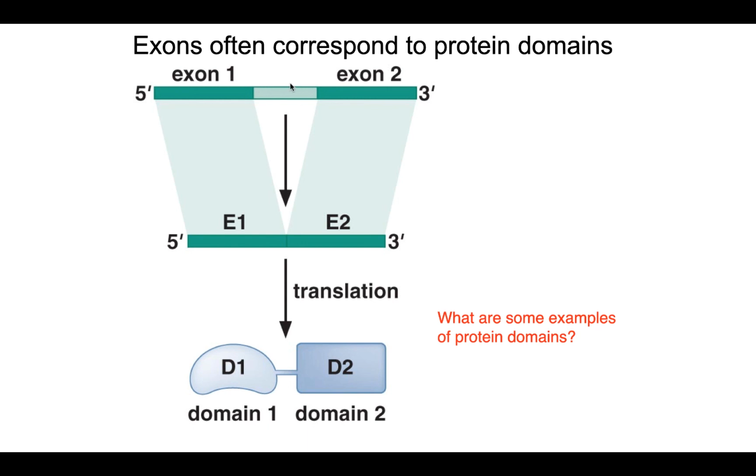Whereas if the introns weren't the largest part of a gene, then most of those crossing over events would occur in an exon and interrupt these regions that encode independent domains. So what these introns do is they make genes more modular. They make mutations, like these big crossing over mutations, more likely to generate functional proteins.